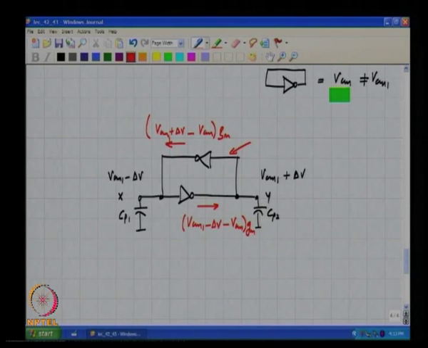Okay. So, for small delta V, which is what is of serious concern for us, because the latch is most likely to make an error when the two inputs are very close to each other. So, what is the big departure from the previous situation? If Vcm1 was exactly the same as Vcm, then if one inverter is pushing current in this direction, the other one is pushing current in the other direction.